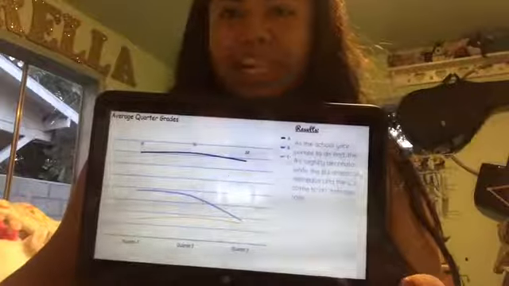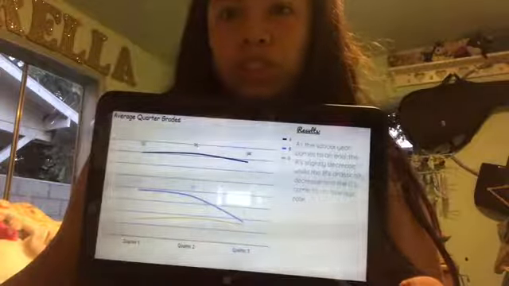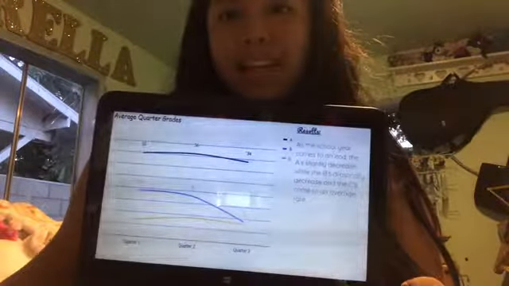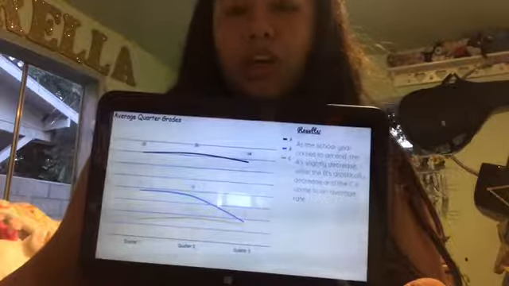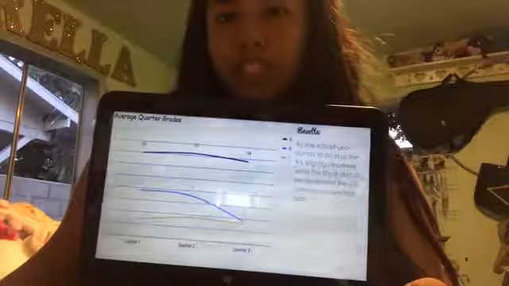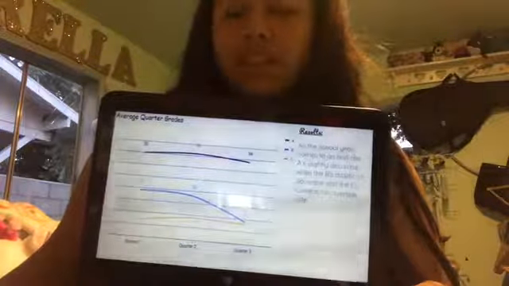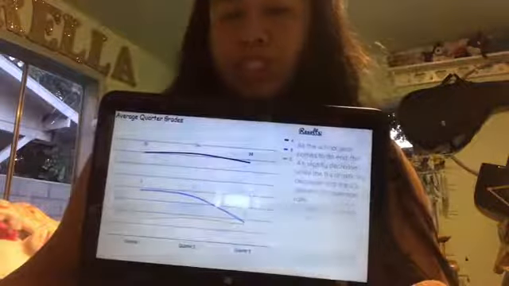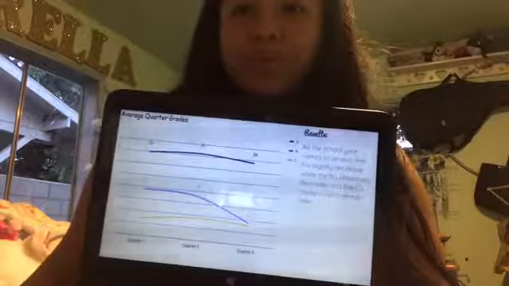Average quarter grades. By the data we've collected, we've come to a conclusion that the amount of A's that students receive throughout the year slightly decreases, while the amount of B's students receive drastically decreases, and the amount of C's students receive stays at a steady rate throughout the year.